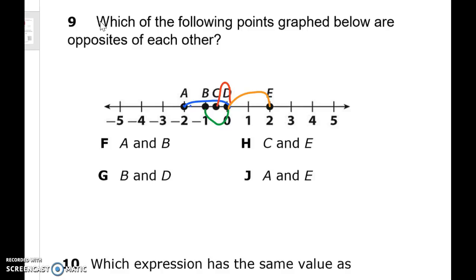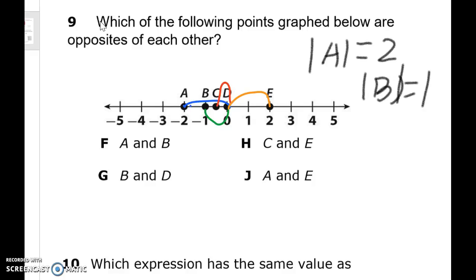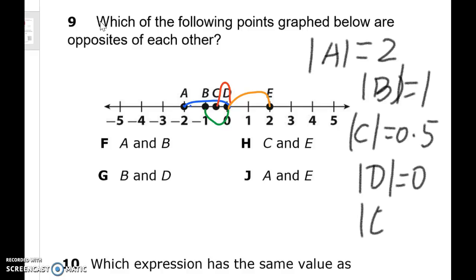We have 2. So let's list all these distances. Absolute value of A is positive 2. Absolute value of B is positive 1. Absolute value of C is 0.5. Absolute value of D is 0. Absolute value of E is 2.